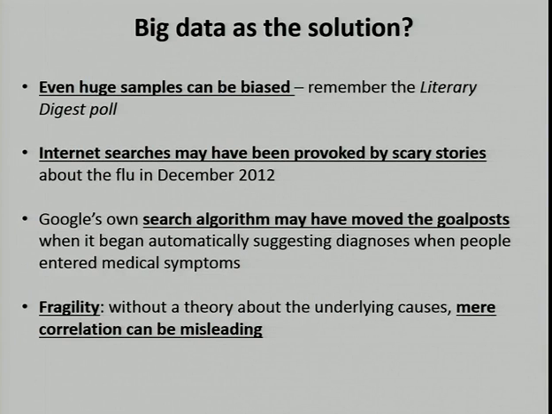You can even have bias in huge samples. Which types of people conduct searches, how do they conduct searches, what are the searches caused by? Maybe scary reports, maybe reports about this interesting new technique being used, whatever. Then, as we know from internet searches, if certain keywords or chains of keywords are popular, or if you've used them in the past, then the program will suggest them to you yourself.